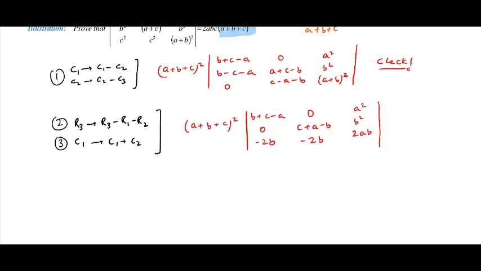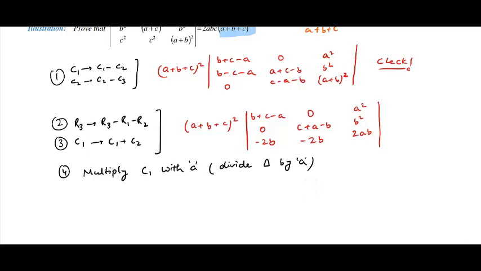Done? So now once you reach this particular step, the fourth transformation is: multiply C1 with A. Now keep in mind, if we multiply a row or column with A, then we have to divide the determinant with A also.